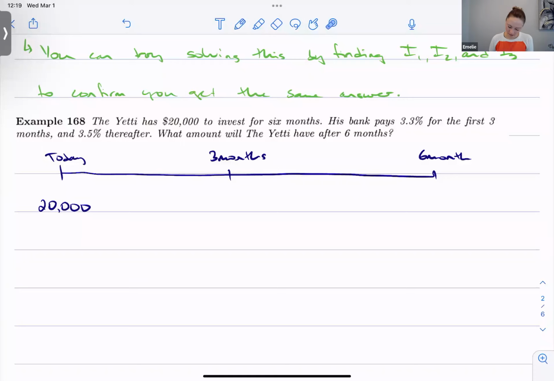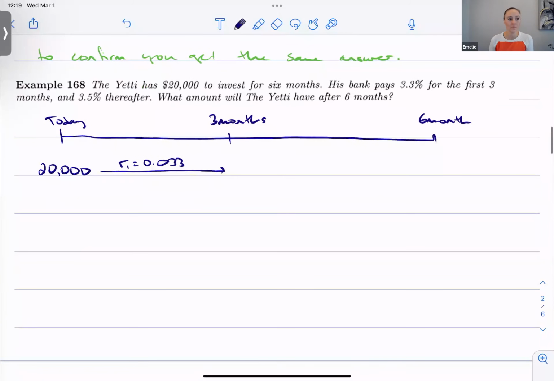the rate is 3.3%. So the rate 1 is 0.033. And time 1 is 3 months over 12, so 3/12 of a year.